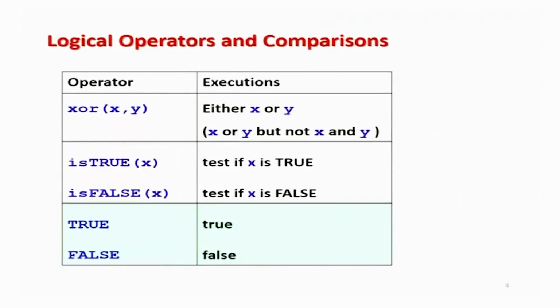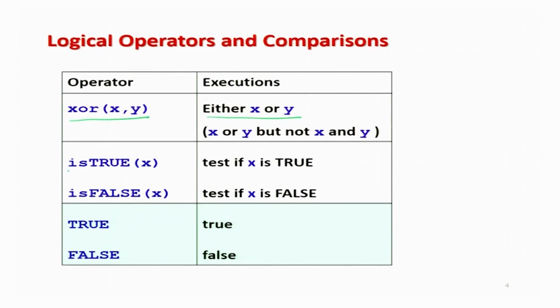And after that you also had learnt about one more operator, XOR, with X and Y inside the parentheses. This gives you an either X or Y type of logical operation.